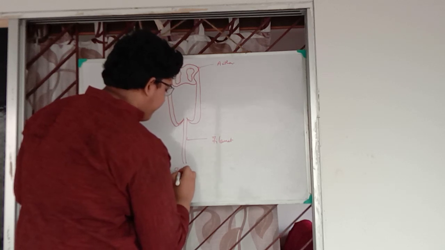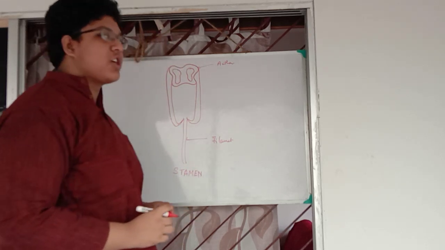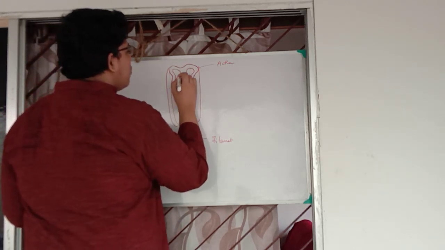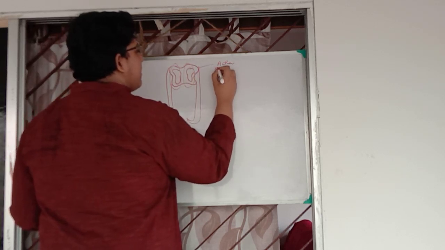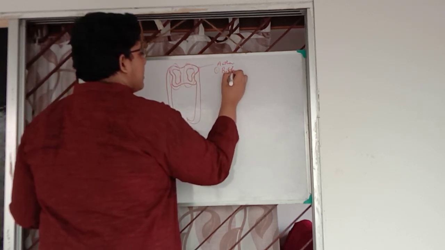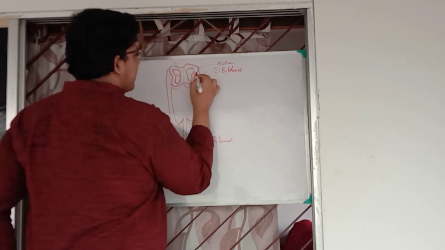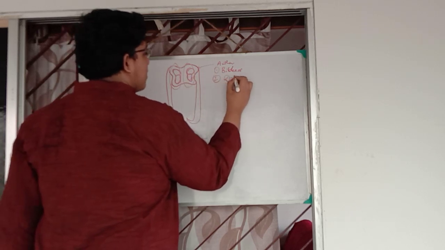The structure is of stamen or androecium. Anther, as we can see, is divided into two lobes. This is one lobe, this is another lobe. So it is bilobed. Each lobe has two thecae. This is one theca, this is one theca. Again, this is one theca, this is one theca. So it is dithecous.